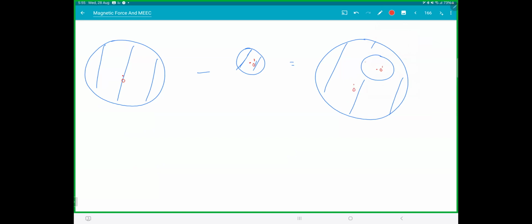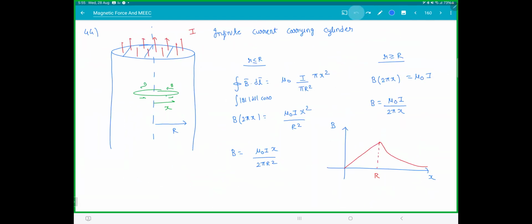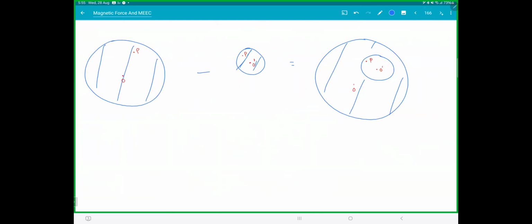Let this point be P inside, some random point. And we derived the formula, the field inside the solid cylinder was this, mu naught I x by 2 pi r square. So B inside would be mu naught I x by 2 pi r square.